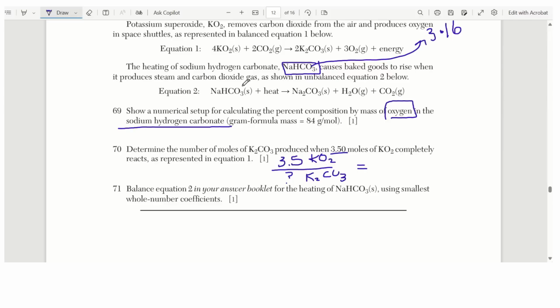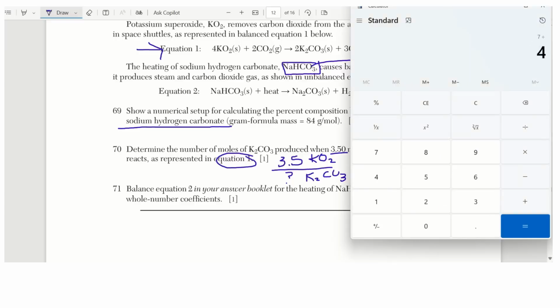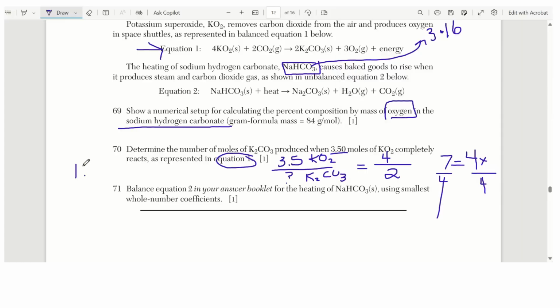It says equation 1, so I have to look here. What is the coefficient in front of KO2? 4. What is the coefficient in front of K2CO3? 2. So now I just cross multiply. 3.5 times 2 is 7. This is what I'm trying to find, 4 times x. Then I'm going to divide by 4. So what is 7 divided by 4? 1.75 moles.